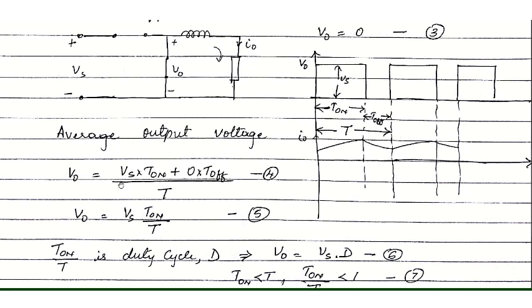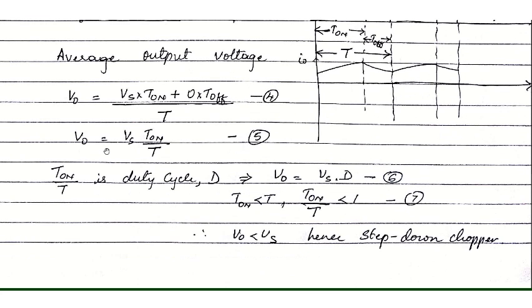So Vs into T on plus 0 into T off, whole divided by the total time period T. So the average output voltage V naught will be equal to Vs into T on by T, where T on by T, we know, is the duty cycle.